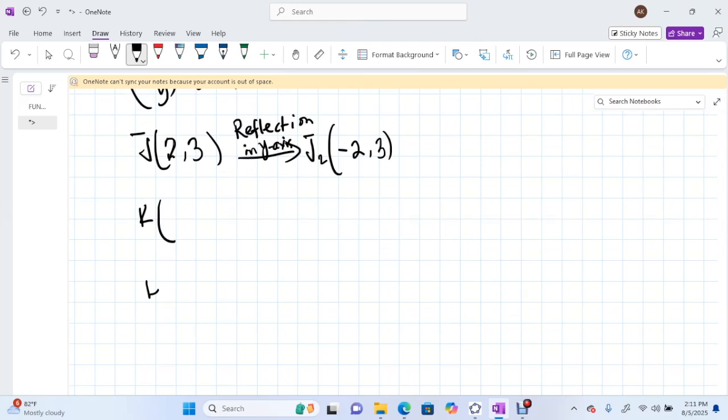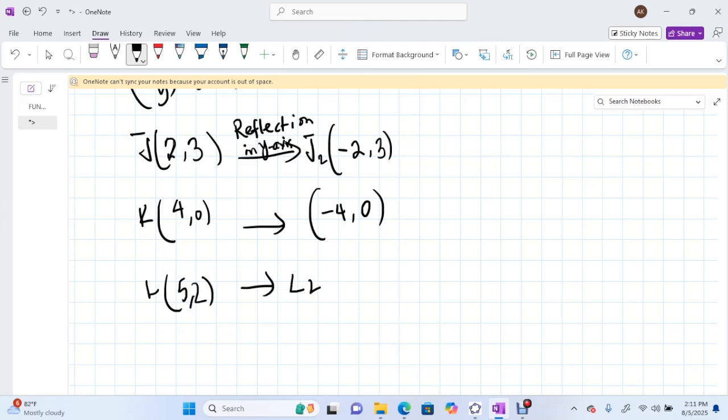The next one was 4, 0, so that becomes negative 4, 0. And the last one was 5, 2, and it's L. So under the reflection, it will map to L2, and that's going to be negative 5, 2. The Y coordinates are not going to change.